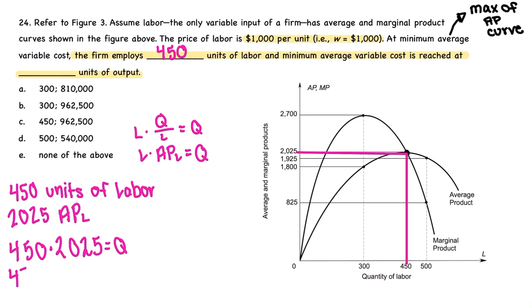Oh, that's it. I'm trying to make it more complicated, sorry guys. Which means that our quantity is 911,250.